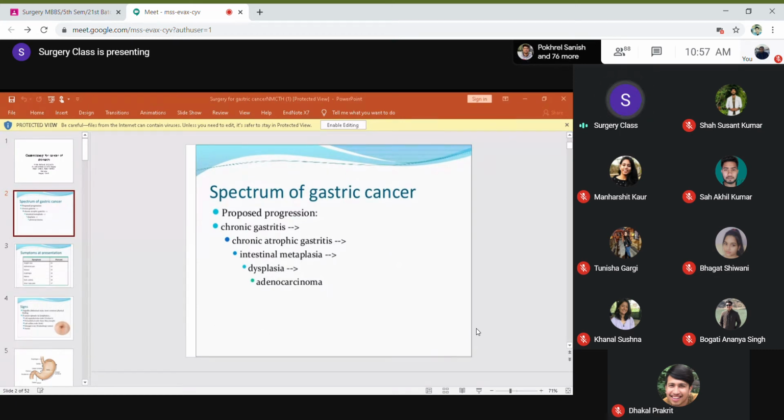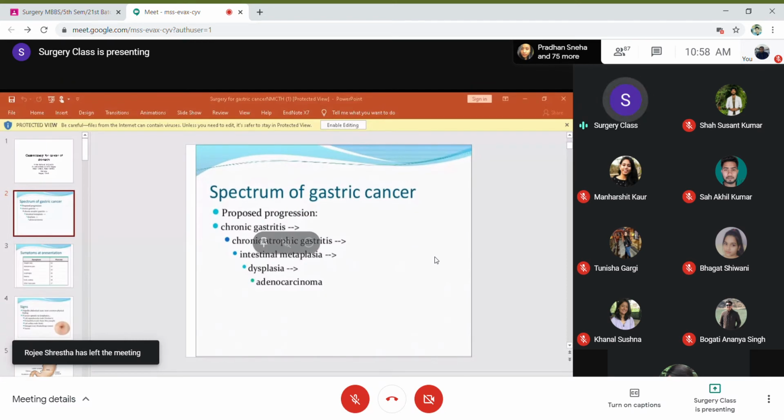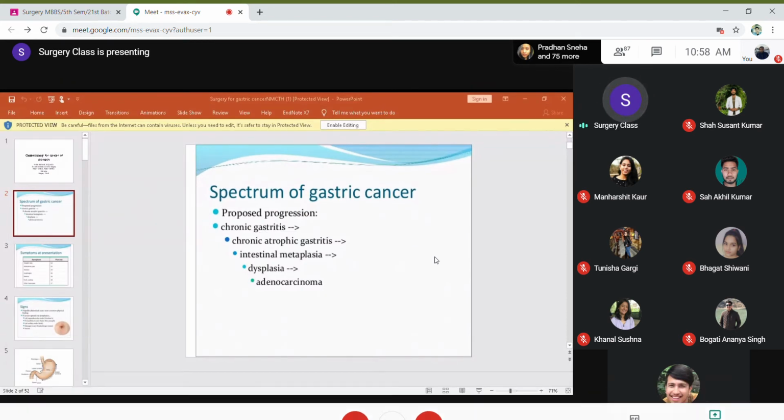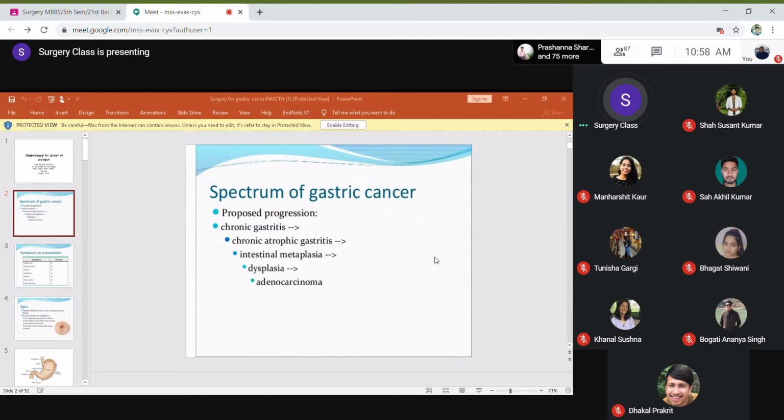I mean to say that it will involve the gastroesophageal junction from below, or it can involve the whole of the stomach. You can see the whole of the lesser curvature if it is involved. Then the treatment will be a total gastrectomy. So you may have to do total gastrectomy if the tumor is located in the lesser curvature rather than if it is located in the greater curvature posteriorly.